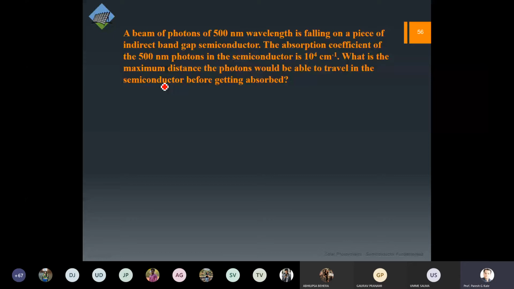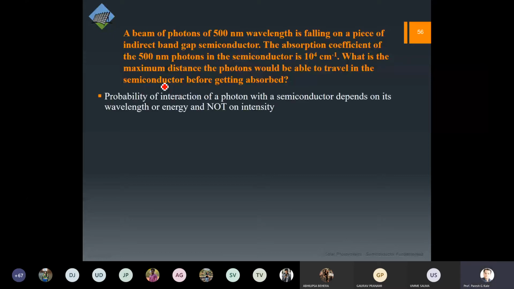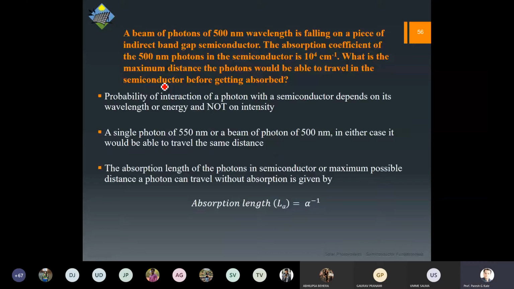There is a straightforward formula, right? It is 1 by alpha. Alpha is given to you. So what is the length? Are you in the lecture or doing something else? Siddhant, I am talking to you. Sorry, yes, sir, I am in the lecture.